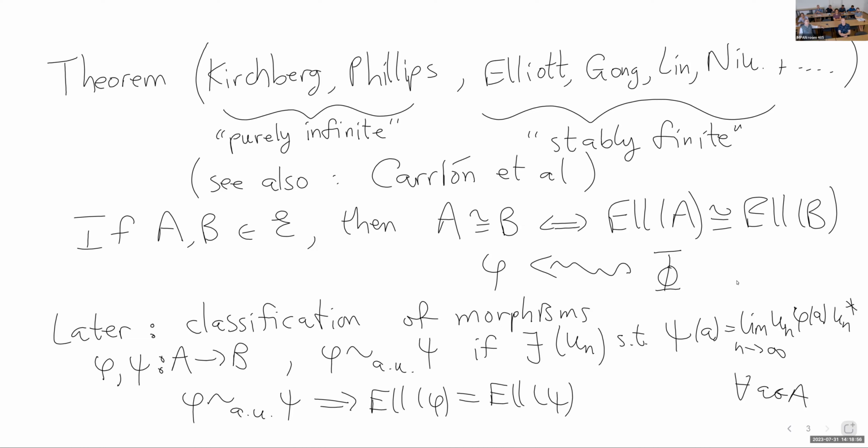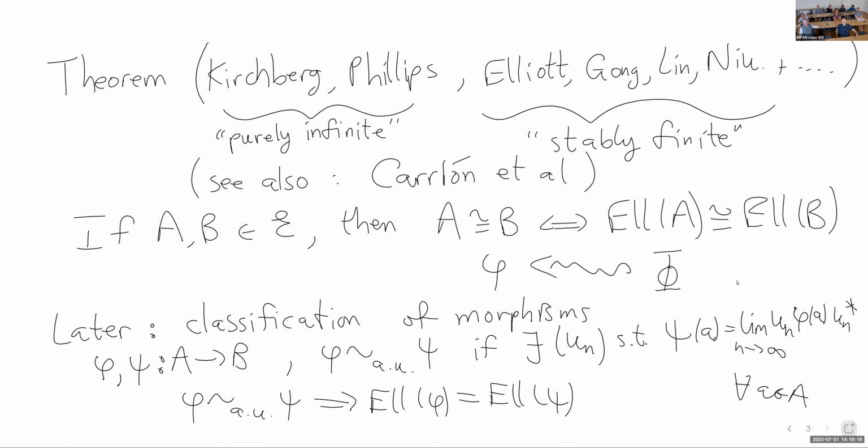Sure, you only care about what happens asymptotically. And depending on the context you're working in, this can be weakened. You only need them to be approximately unitary, they act like a unitary on a sufficiently large set.